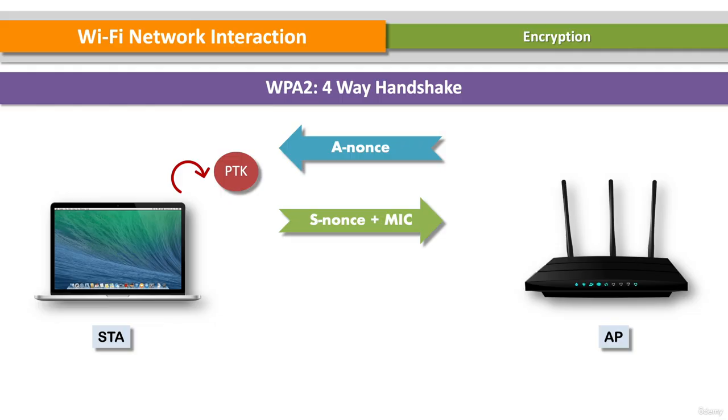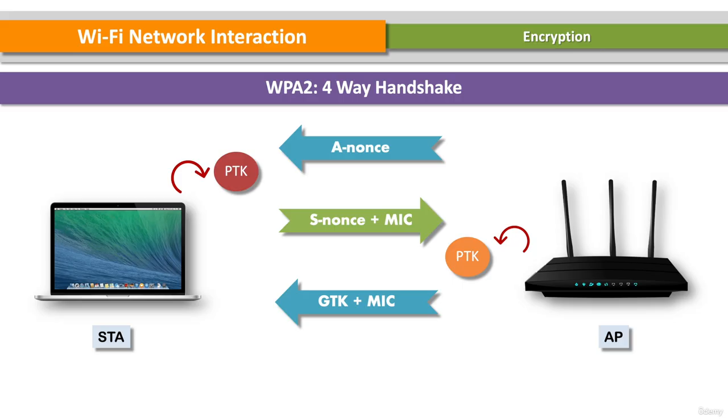All right, so once the S nonce is received by the AP, it too can generate the PTK for unicast traffic encryption. So then the AP verifies message 2 by checking the MIC, and if valid, it constructs and sends the GTK with another MIC.